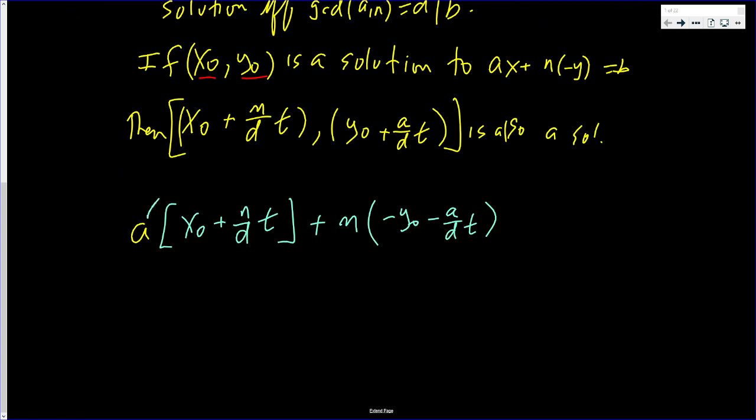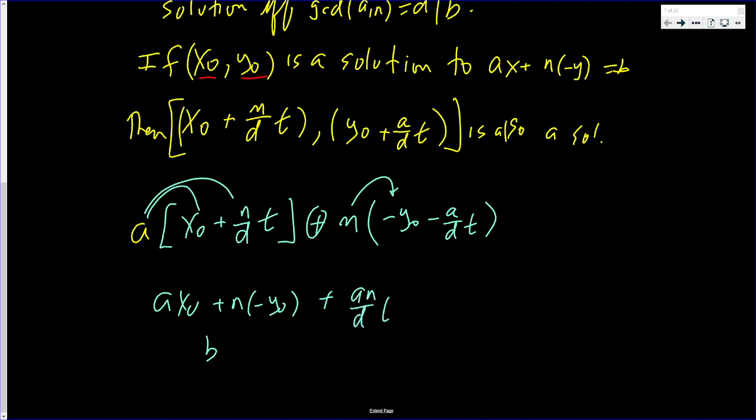Now, we can distribute slowly. We can distribute the a with the x0 plus the n with the negative y0. Well, that's b. Plus, here we have a n over d t, and here we have minus a n over d times t. That's going to cancel out. This is equal to b plus 0, which is b.